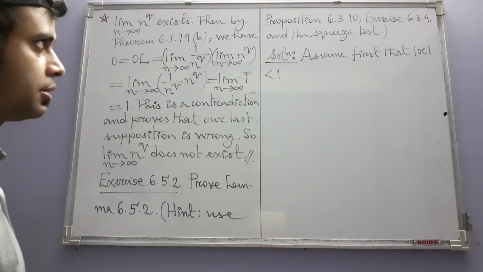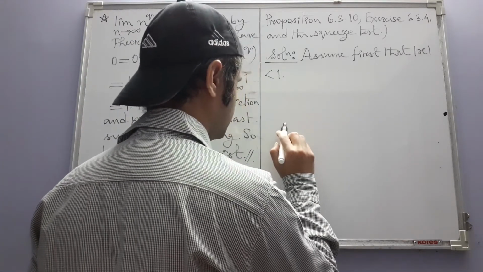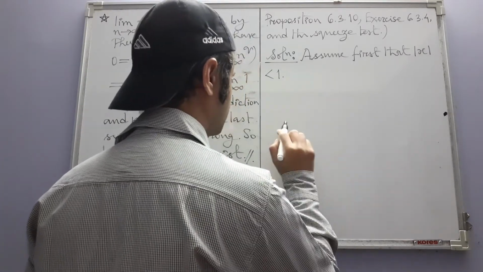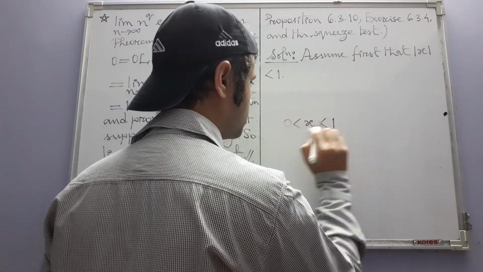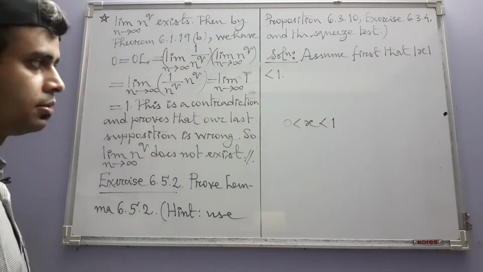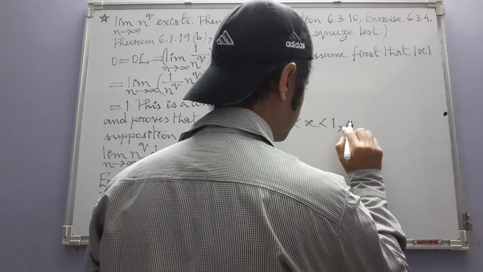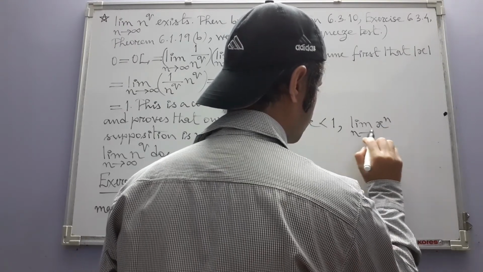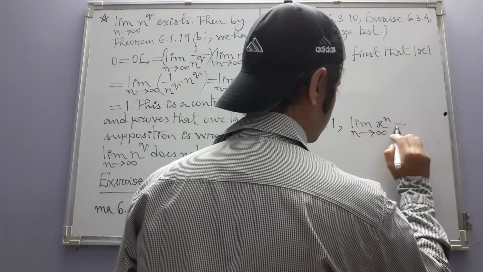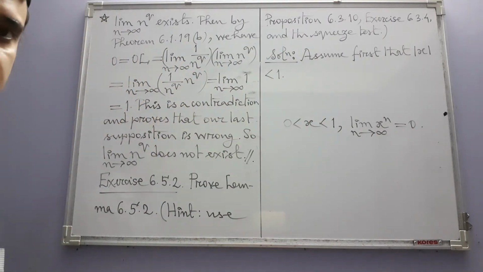Then by proposition 6.3.10 is this, and now I remember. If you have a real number that strictly lies between 0 and 1, then we have already proved that this limit is equal to 0.